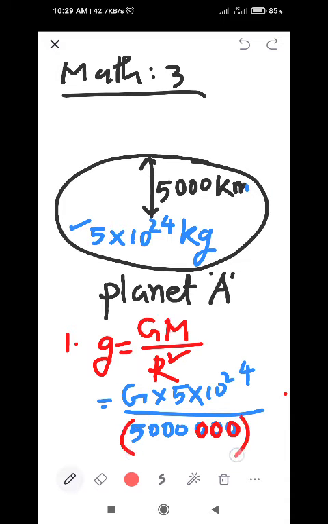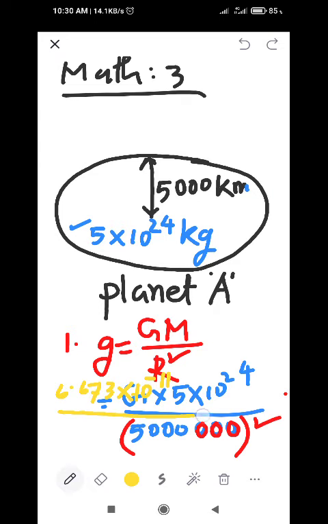And when you calculate this equation, you will get the value. Have you calculator? Can you calculate this? And the value of the Z, instead of G, you will use here 6.673 into 10 to the power minus 11, right?